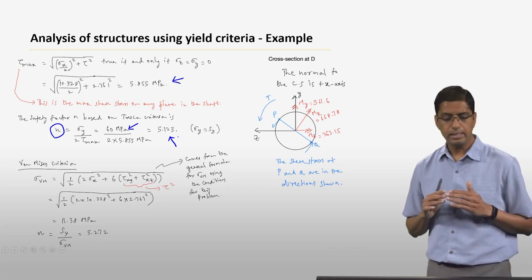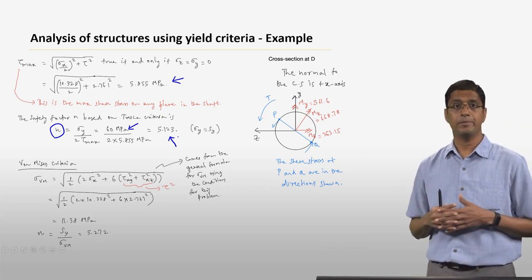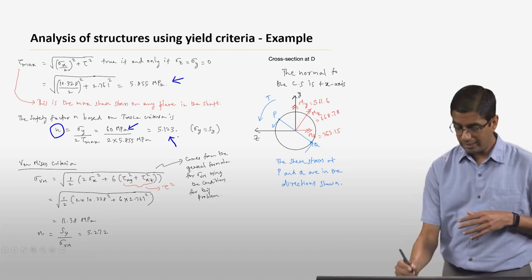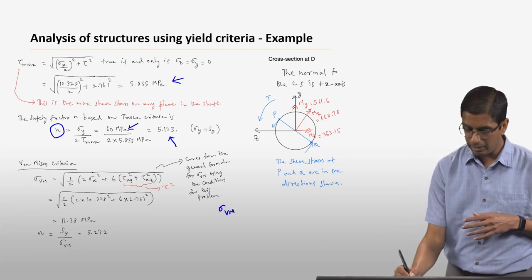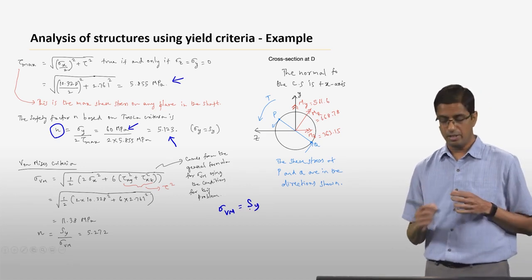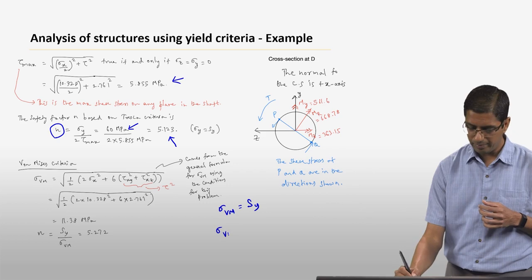Now, let's look at the von Mises criteria. Essentially the material yields when sigma von Mises equals Sy. That is the von Mises criteria. And what is this von Mises stress?